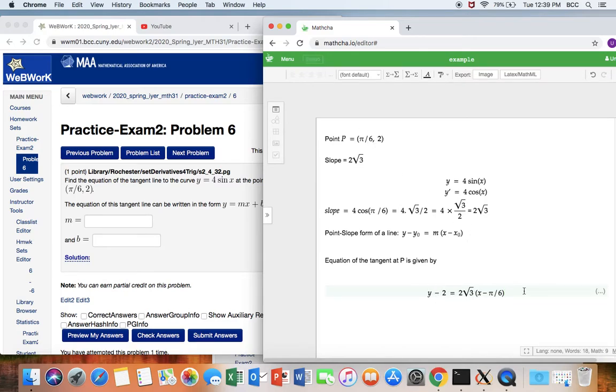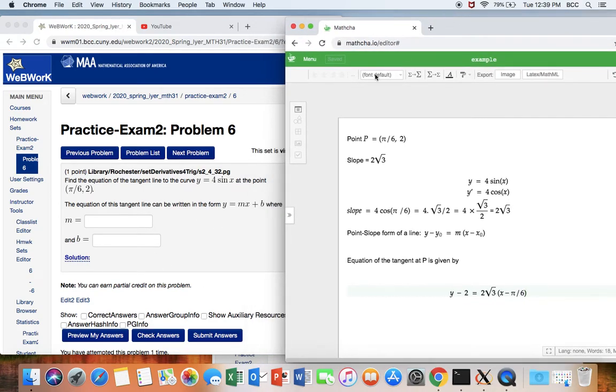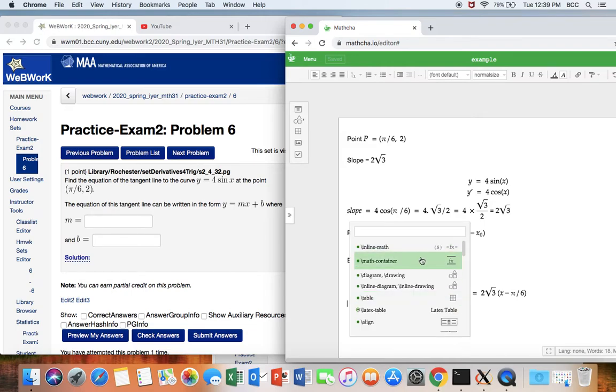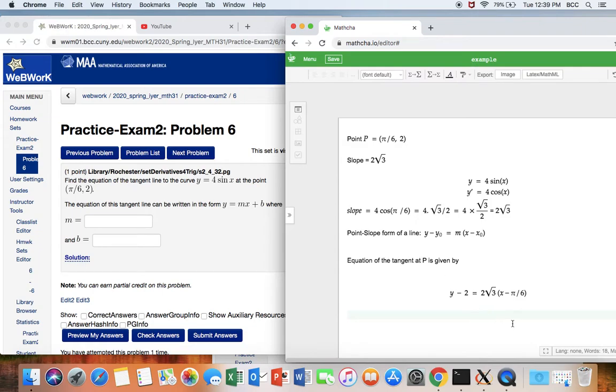Now, this is not the format they want you to use. They want you to use the slope-intercept form. In other words, they want you to isolate y. So, how do I isolate y? I want to simplify the right-hand side first.